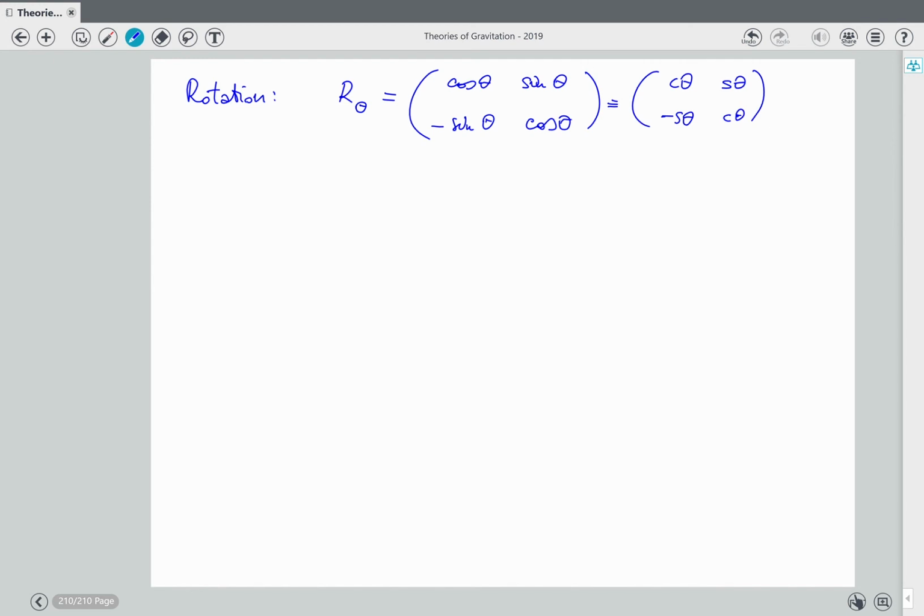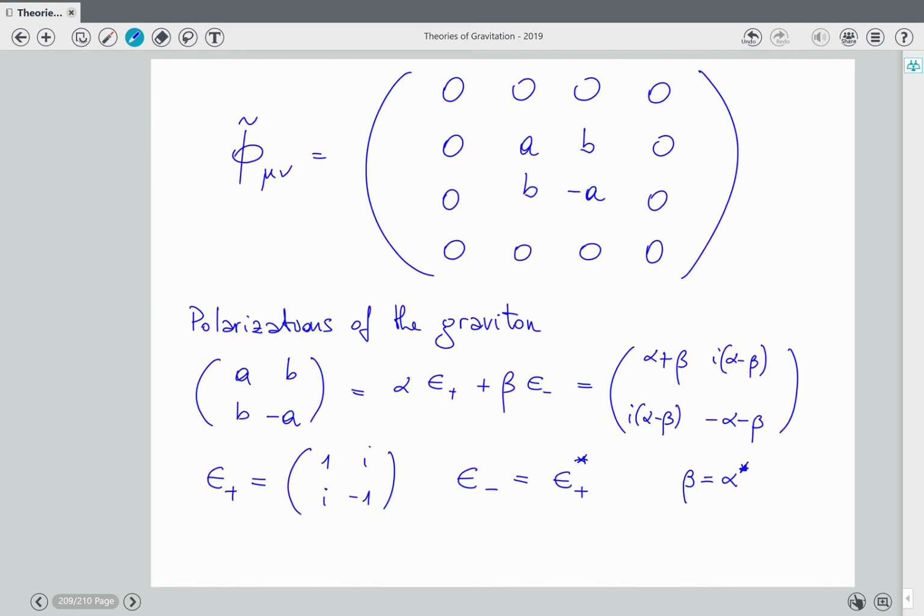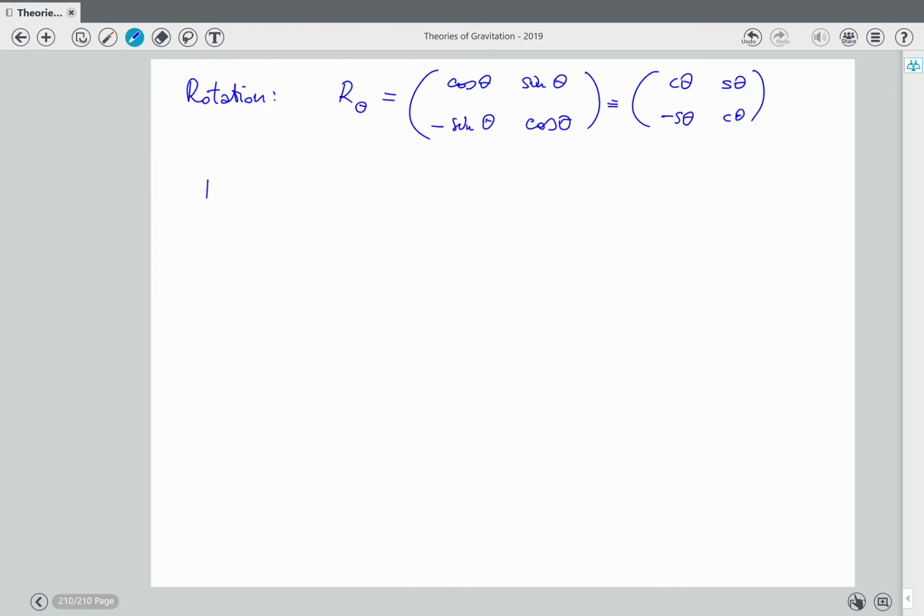And how do you transform? This is a matrix, not a vector. So a matrix has to be transformed: epsilon plus or minus goes into what? R theta epsilon plus or minus R theta transpose, or R theta minus 1, whatever, it's the same.